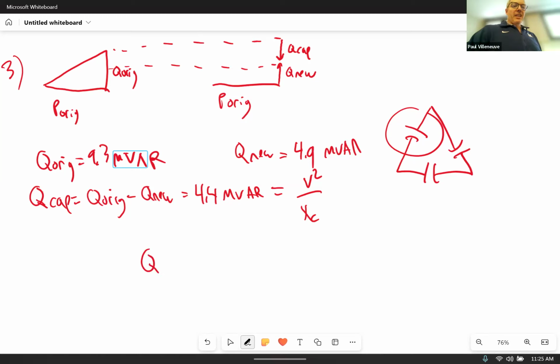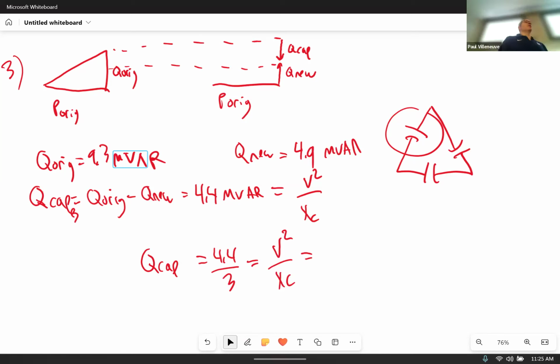So Q for the individual cap has got to be 4.4 divided by 3, which is going to be equal to V squared over X sub C. Which V squared did you use? In a delta, it's 138. In a Y, here's my Y, here's 138, this is when I would use the square root of 3. But in a delta, I don't need to. That's why I want the higher voltage.